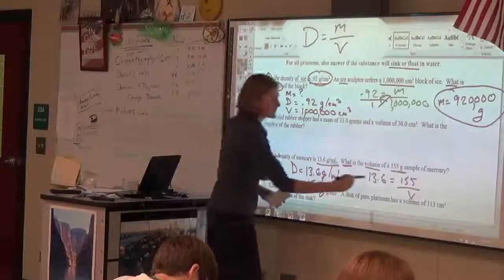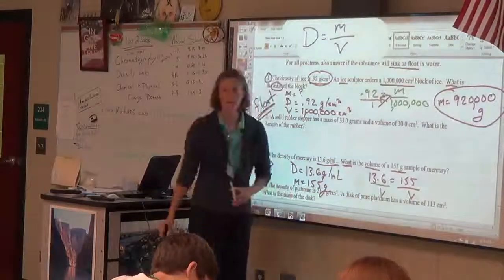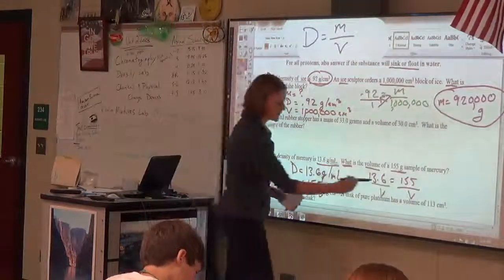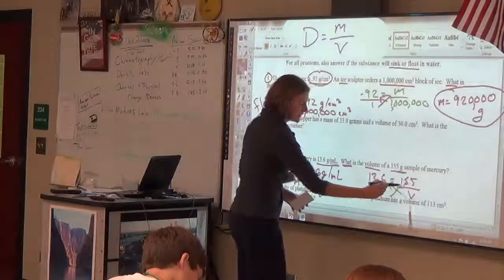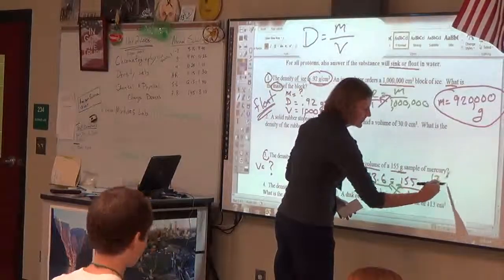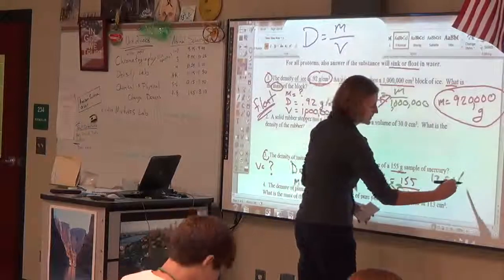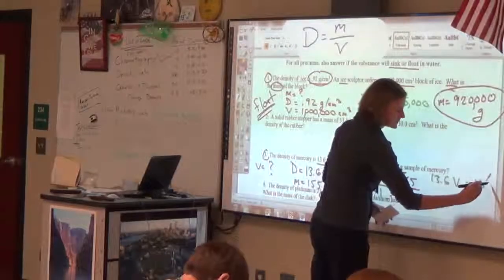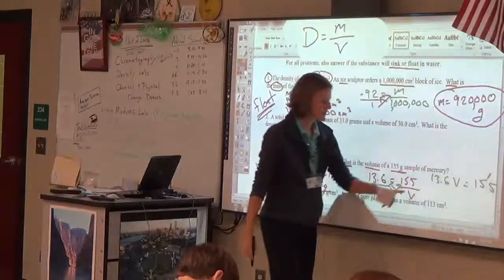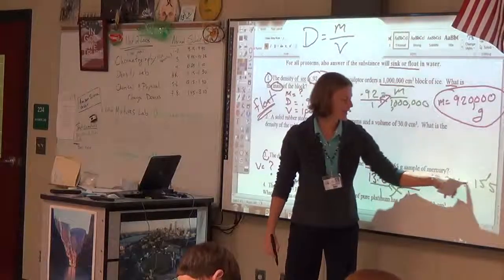Okay, I can put 13.6 over 1. I can cross multiply. So that's just going to move the V up next to the 13.6. So now I have this line in green.